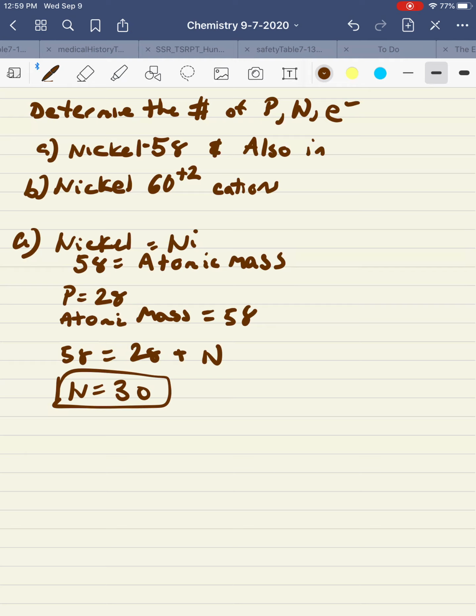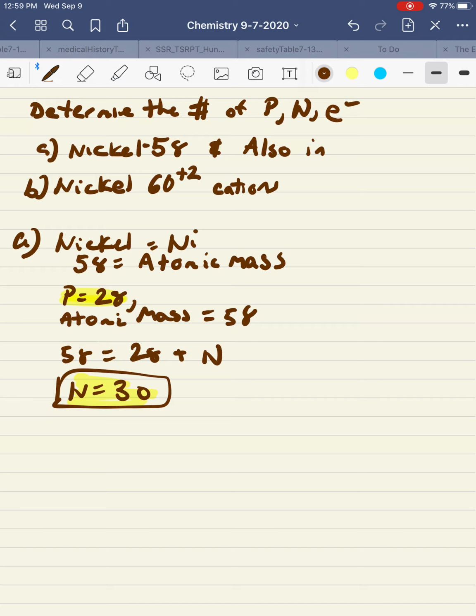So let's just summarize: nickel has 28 protons, 30 neutrons, and since it is indeed neutral, since I told you to assume neutrality if it's on the periodic table, right?